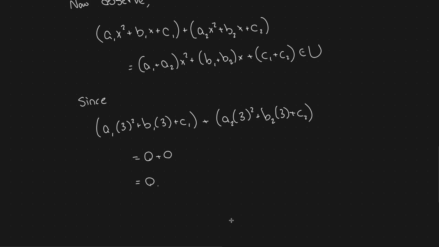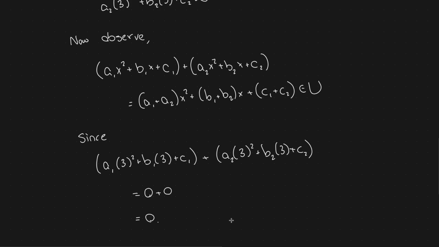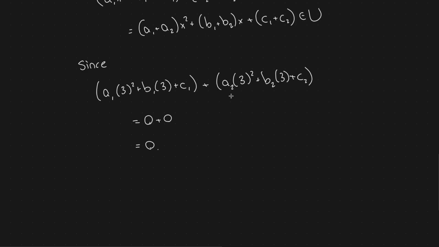Okay, and that's exactly the condition I needed to be in set U. I needed to satisfy that condition that when I plug 3 into the sum, I get 0, which means the polynomial is in U. So what I've shown is that when I add two polynomials, any two polynomials in set U, the result is still in U, which means that U is closed under addition.